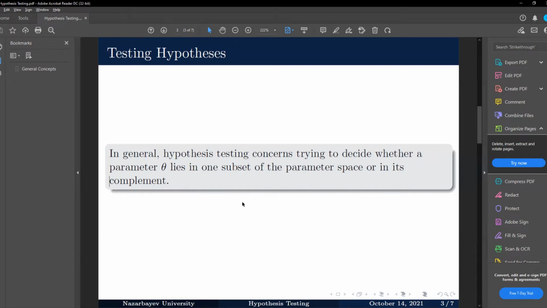Okay, so in chapter 6 on estimation, we were building confidence intervals for parameters. So we found an interval of plausible values for our parameter. And you can already see a connection between these two. In fact, there is a duality between hypothesis testing and confidence intervals.